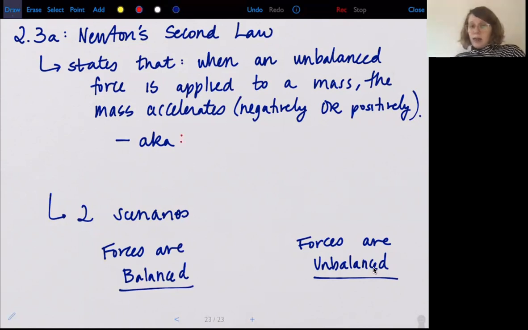So, AKA, another way of saying the second law: the acceleration of an object depends on two variables.